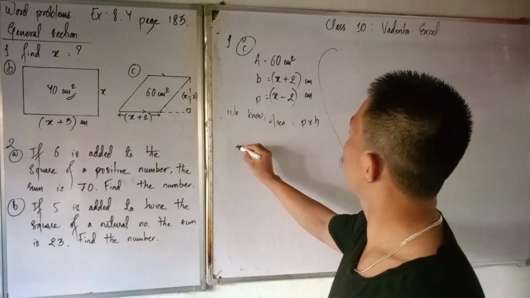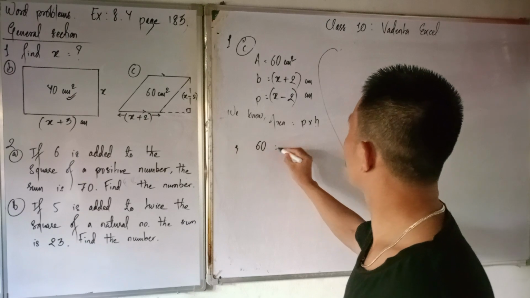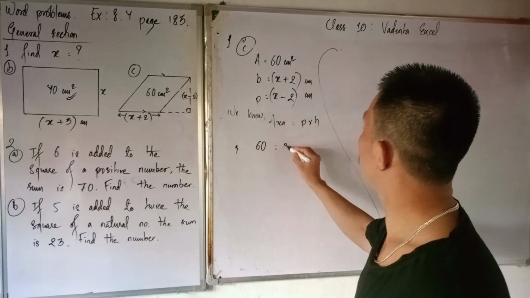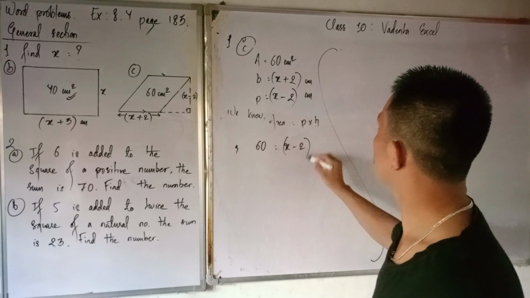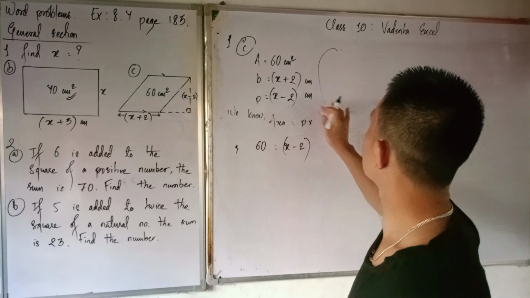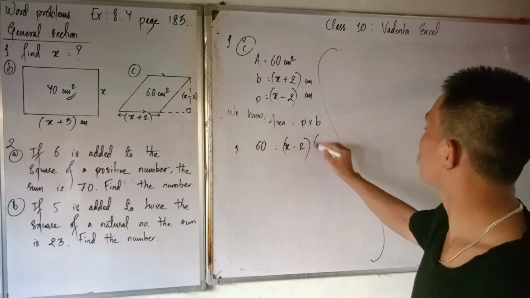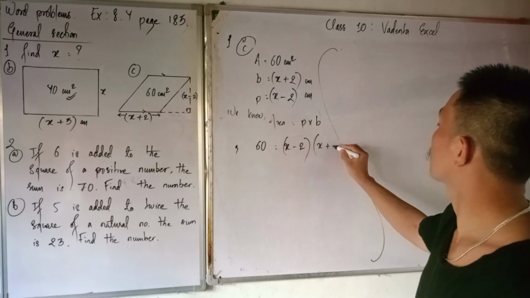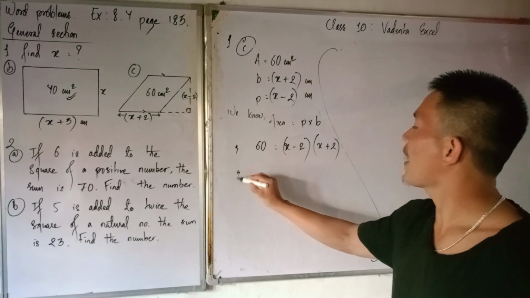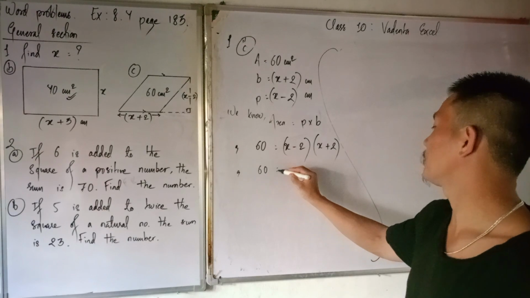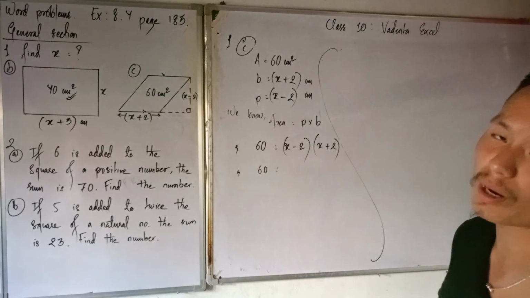Okay, now area we have 60, perpendicular x minus 2, and actually this is base. Okay, and base we have x plus 2. Now x plus 2, x minus 2, it is in the form of (a plus b)(a minus b) equals a square minus b square.